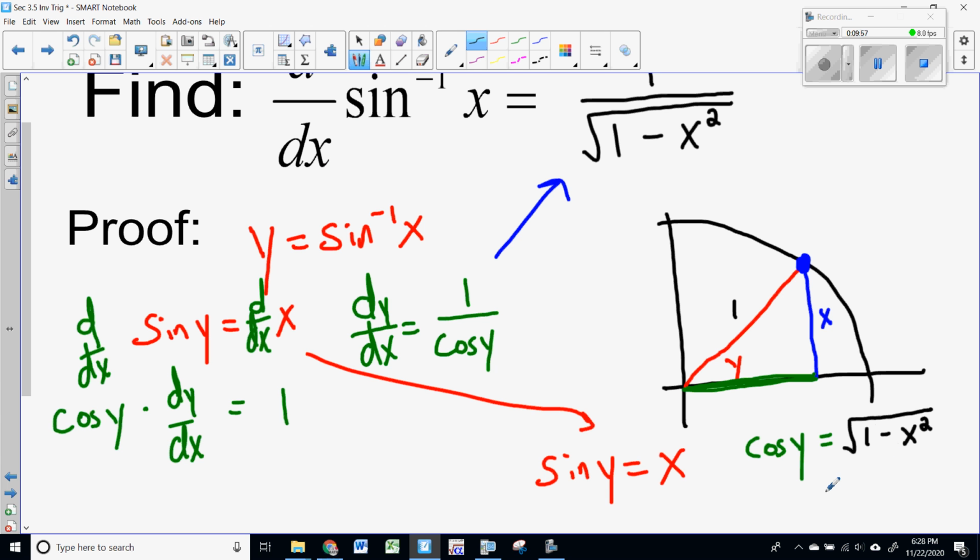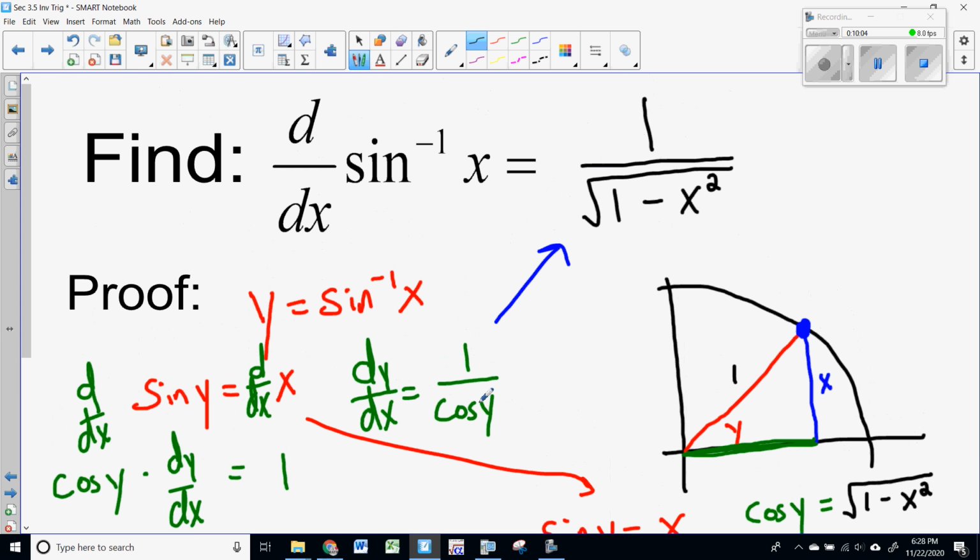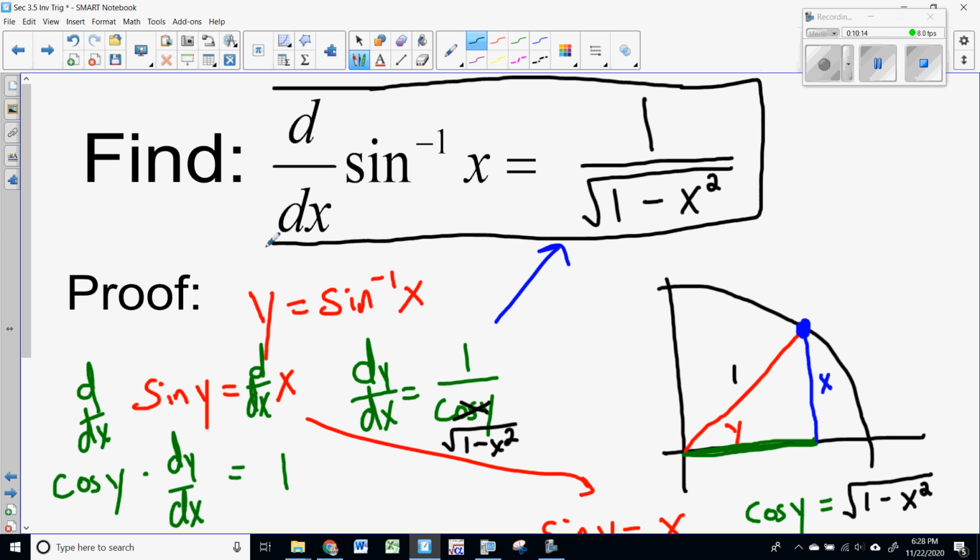So there is what the cosine of y is equal to. So if I take that cosine of y and I replace this with the square root of 1 minus x squared, there is my formula for the inverse of sine.